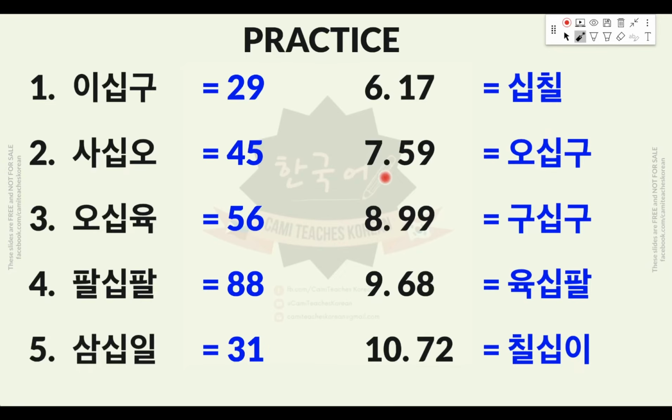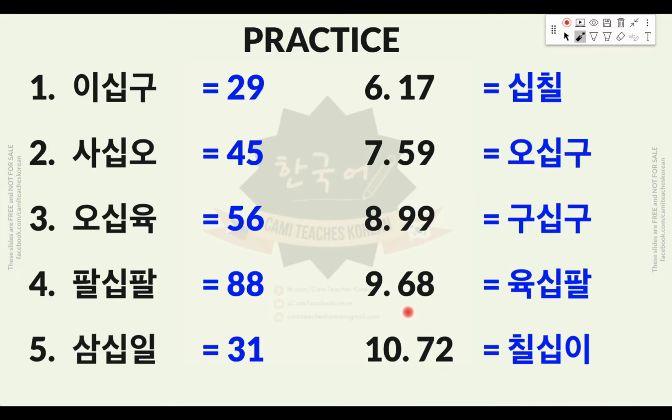Number 7, 59, oship. So, for the 50, oship. And then, ku. Oshipku. Number 8, 99 po. Unahin yung large number, big number muna. Guship. And then, small number, ku. Number 9, 68.